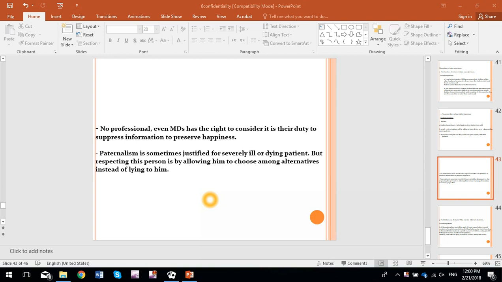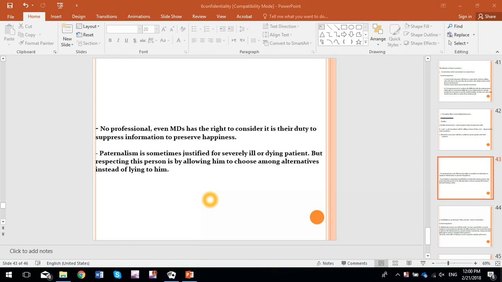Paternalism is sometimes justified for severely ill or dying patients. Right. Paternalism, which is concealing certain information, but respecting this person by allowing him to choose among alternatives instead of lying to him.